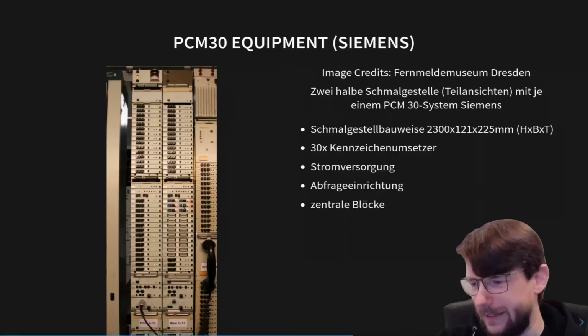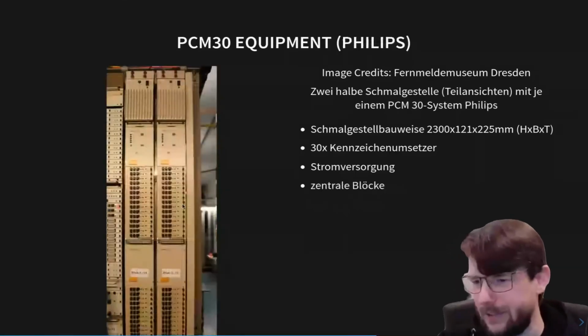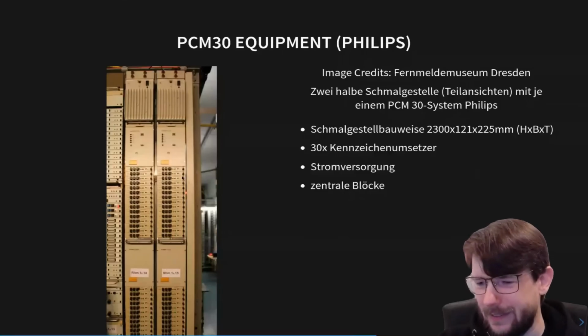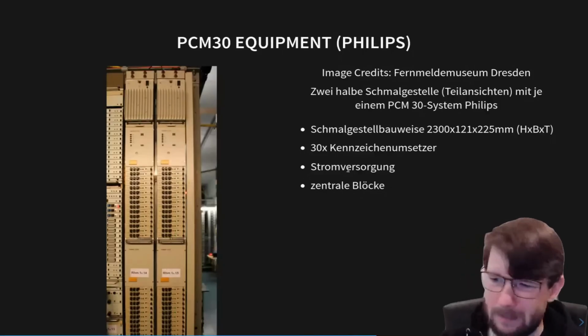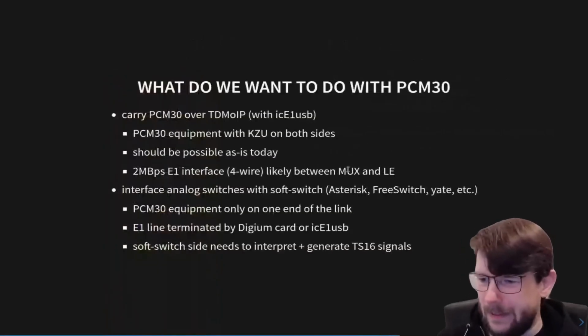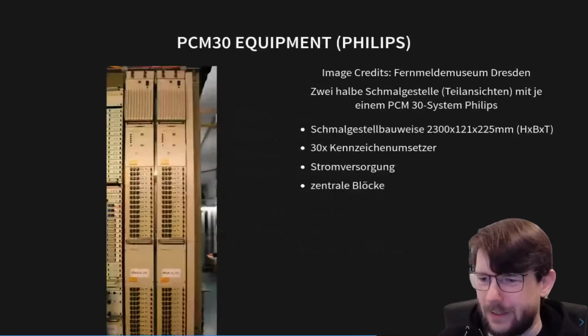And likewise, we have a picture of the corresponding Philips equipment, which all looks very similar. In the end, you always have your modules for the individual analog lines that plug into some kind of rack. That's it in terms of the introduction.